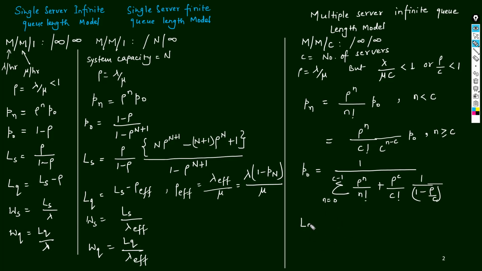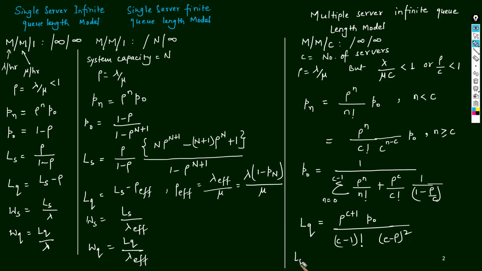Now another expression we have to remember is Lq, the length of the queue. That is rho to the power C plus 1 into P naught divided by C minus 1 factorial into C minus rho squared.